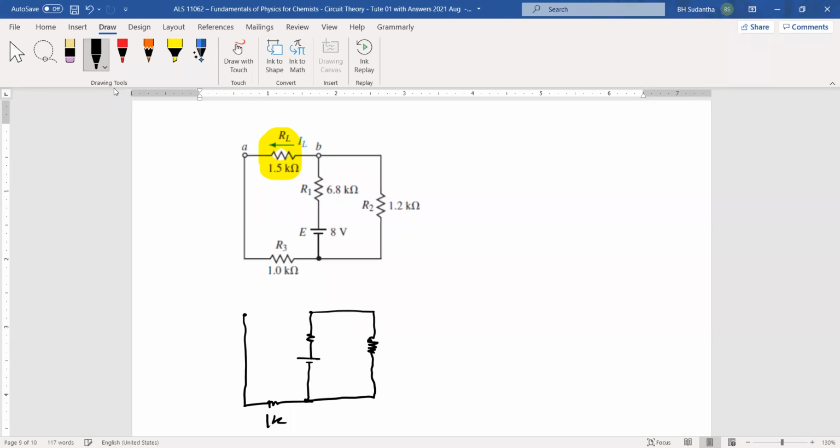This 1K, this 8 volts, 6.8K, 1.2K. And this is point A, this is point B.